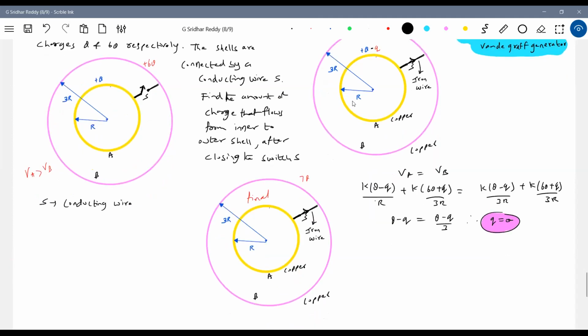Okay, so for the time being, there's a reason: the charge flows from inner shell A to outer shell B.